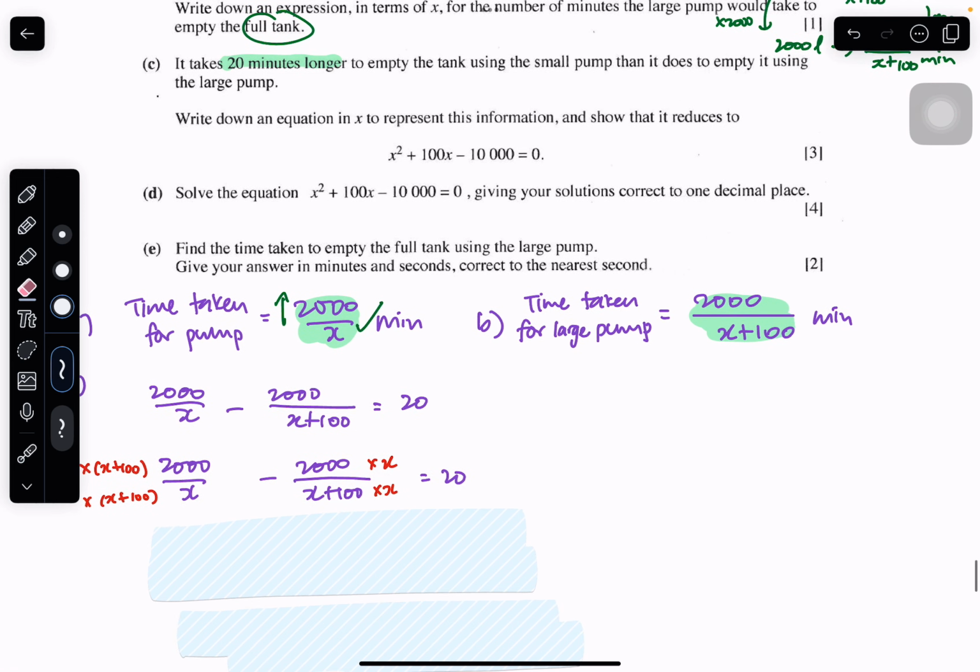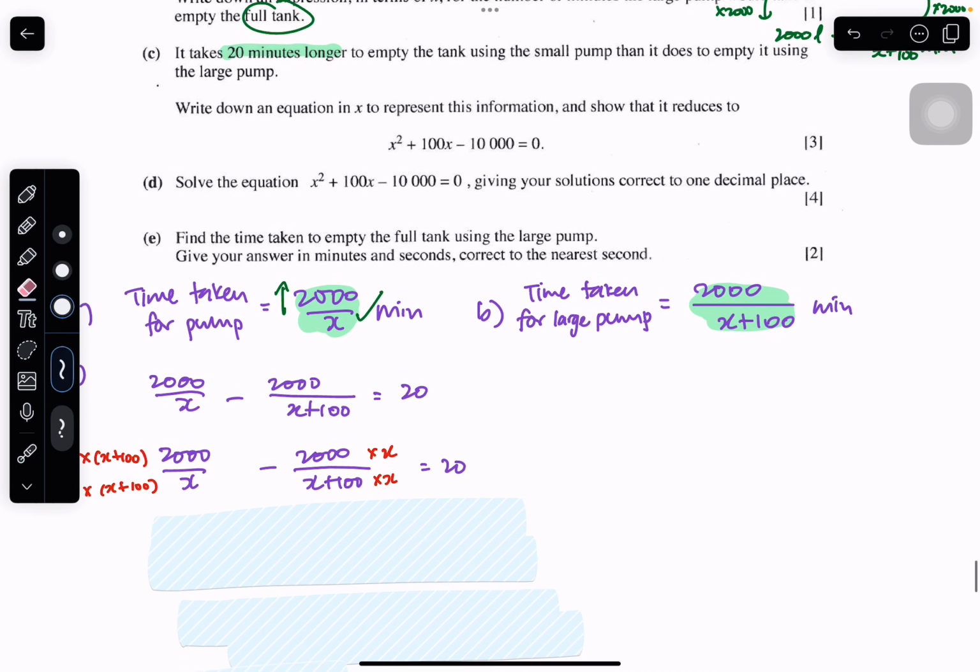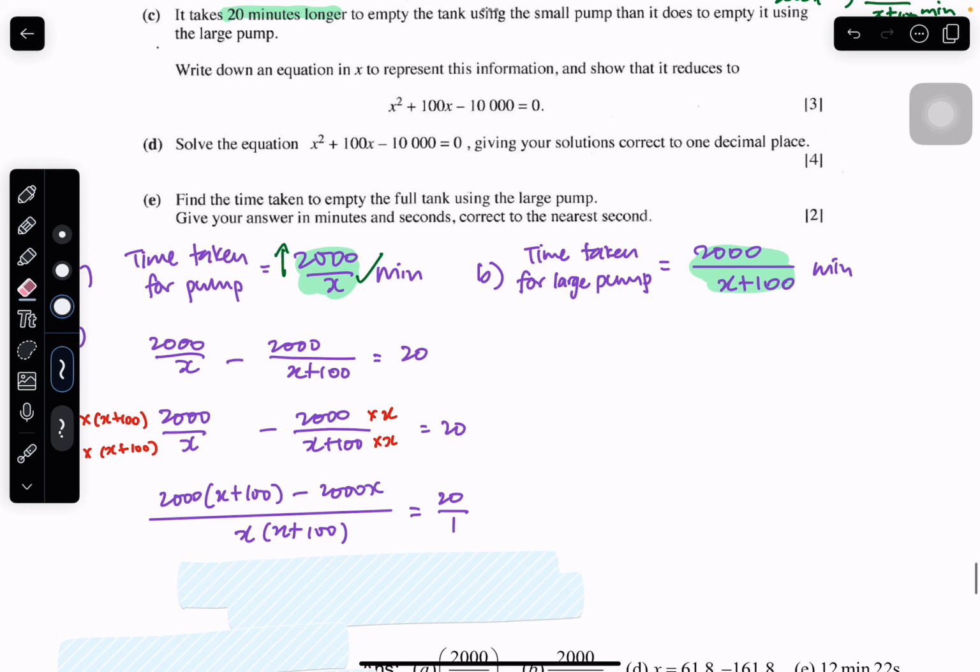Next, what do we do? As we have done previously, in order to simplify and combine the fractions, we need to multiply the first fraction by the denominator of the second, so multiply by X plus 100, and the same for the second fraction, multiply by X for both numerator and denominator. Then we combine the fractions like that.